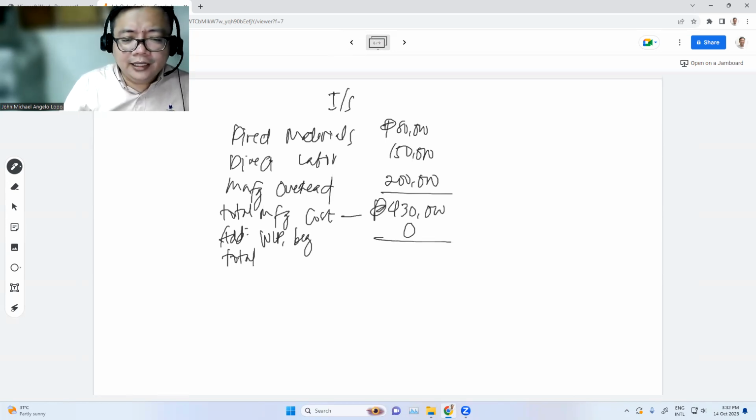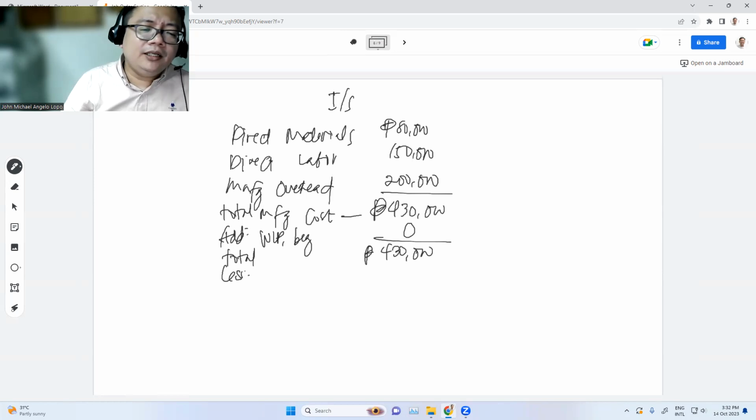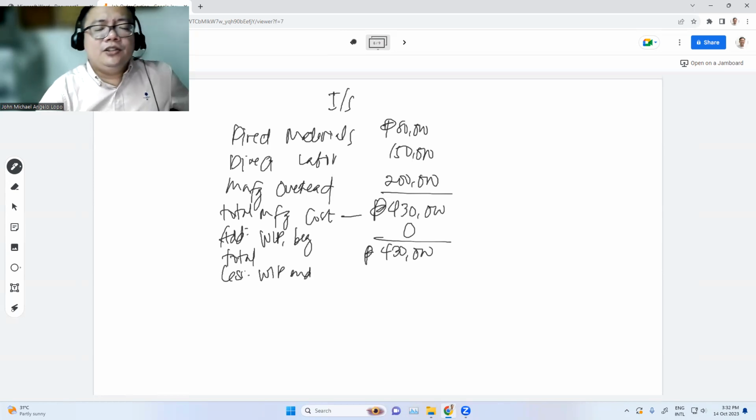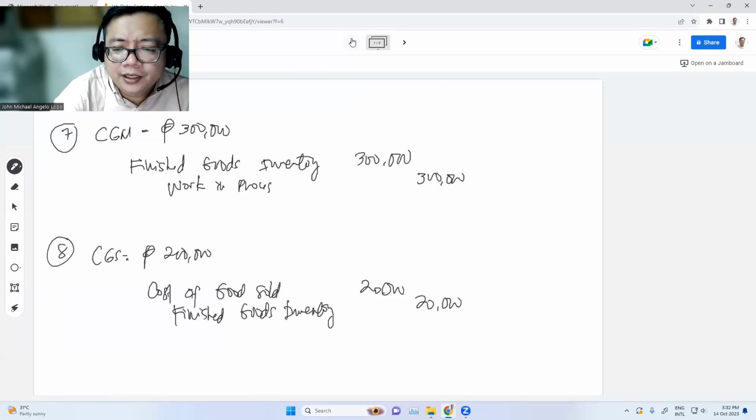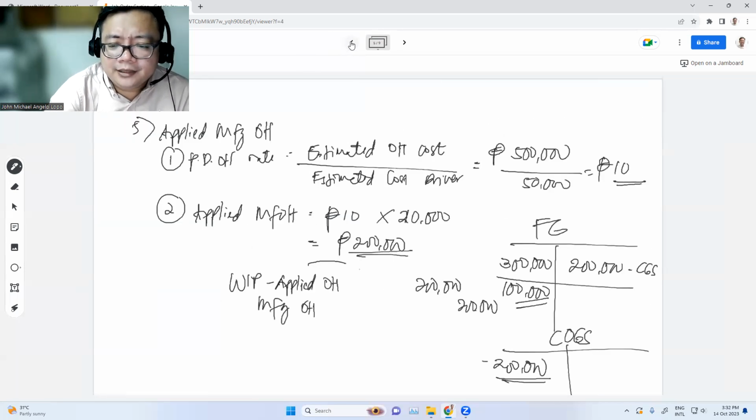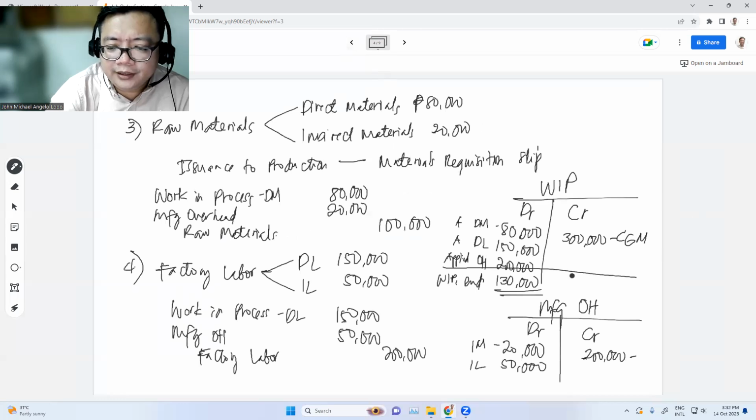Ang ating total ay 430,000. How about in terms of our WIP ending? If you have 430 here, go to our work in process. This one. 130 yung ating work in process end.